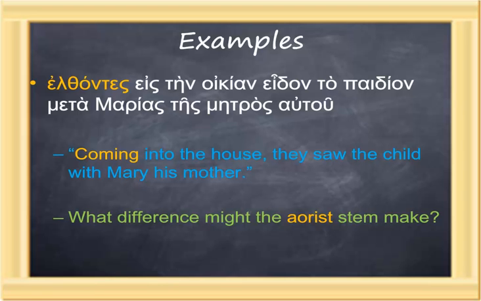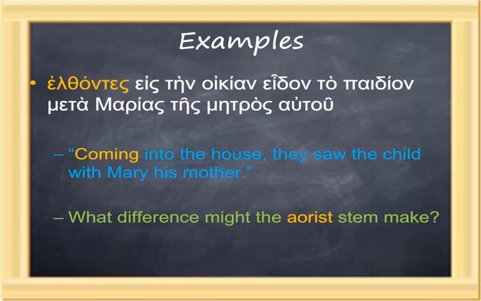Our final example, coming into the house, they saw the child with Mary his mother. By looking at elthontes, one can see that it's a participle. It has the nu tau, third declension ending, nominative masculine plural subject, obviously agreeing with the subject of eidon, they saw, but there's something different here.